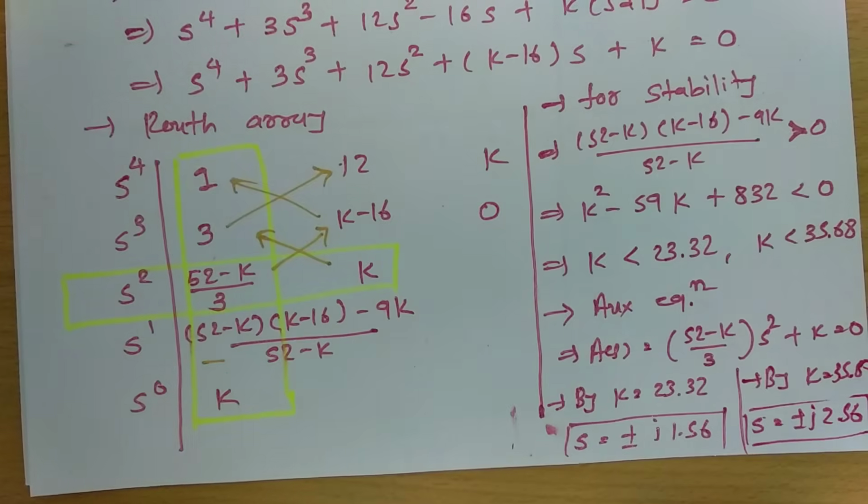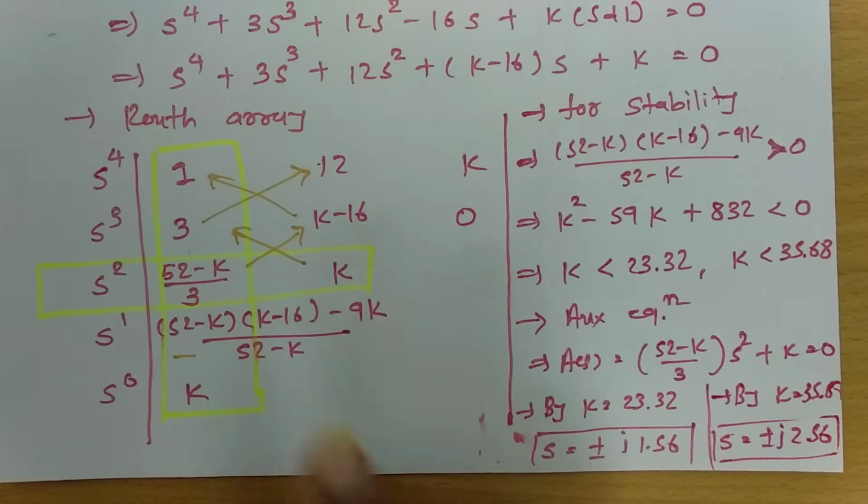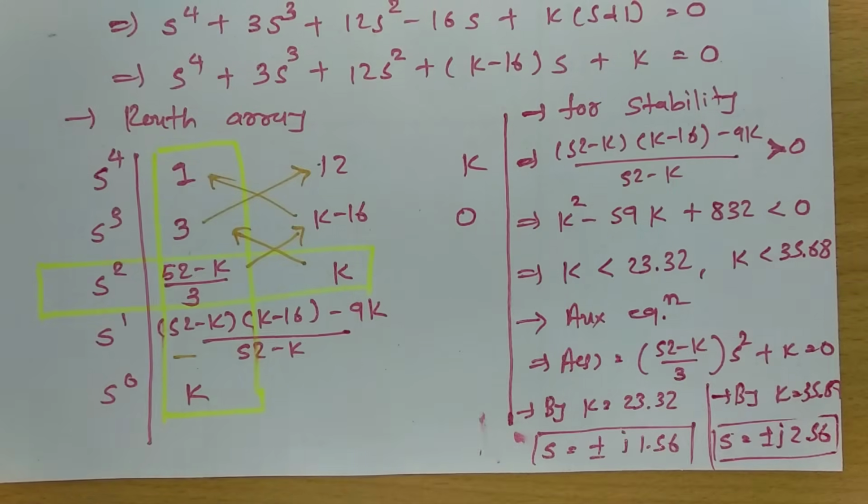So this is how I can find the intersection with the imaginary axis. There are 4 points where the intersection with the imaginary axis is happening.